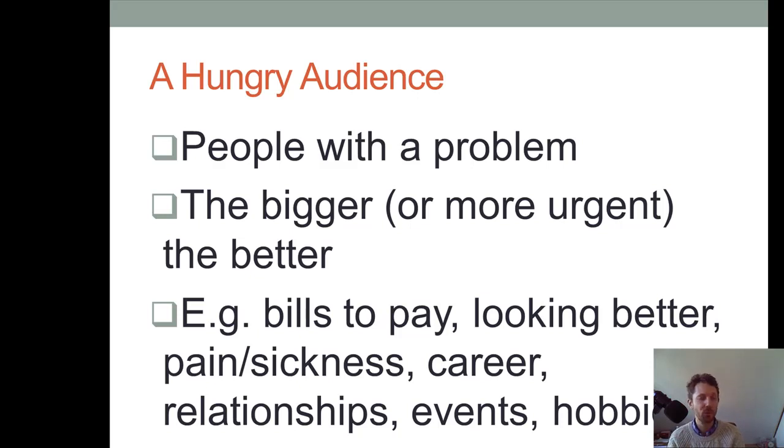And the bigger the problem, or the more urgent the problem, the better it is for you as a marketer online, because you can offer them an instant solution. They order online, they download it, and then they have that solution to their problem. So when thinking about what kind of person is hungry and desperate and wants to buy now, you have a look at the problems. I've got a couple of examples here.